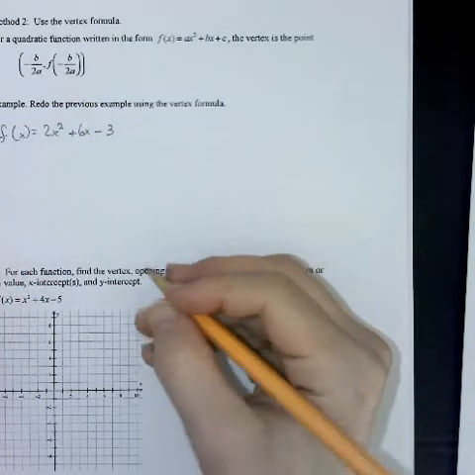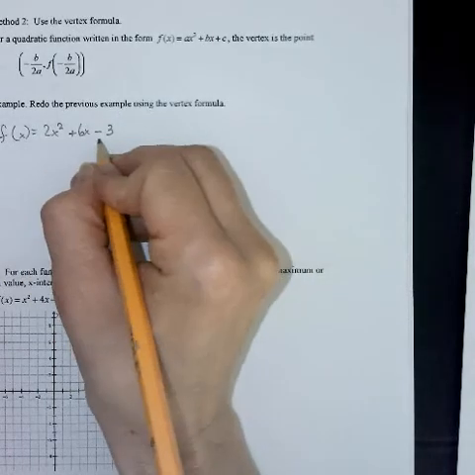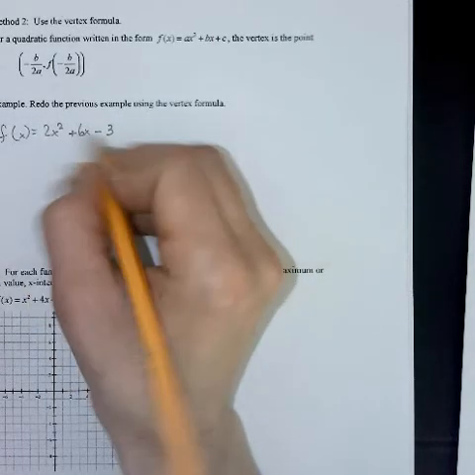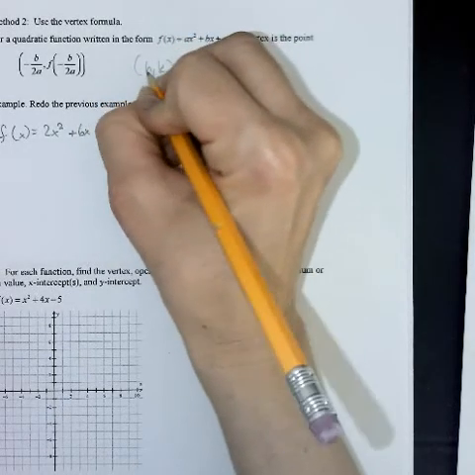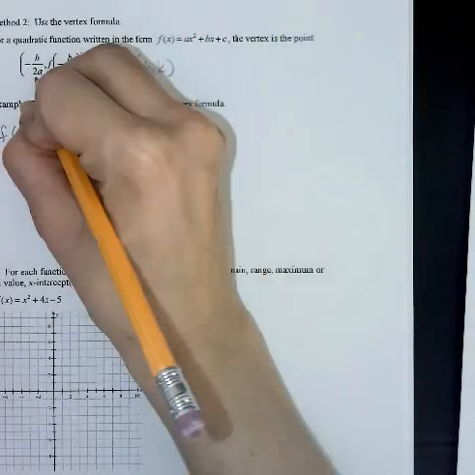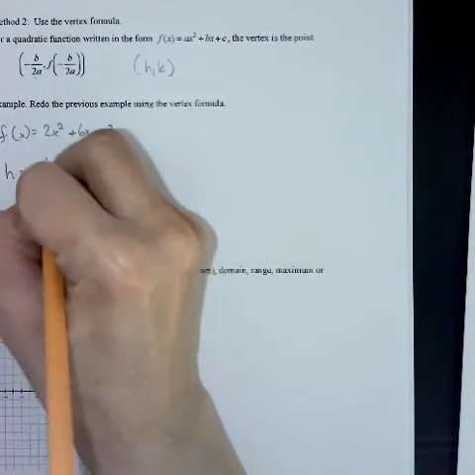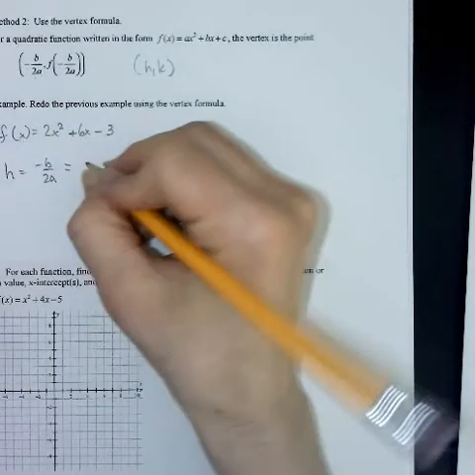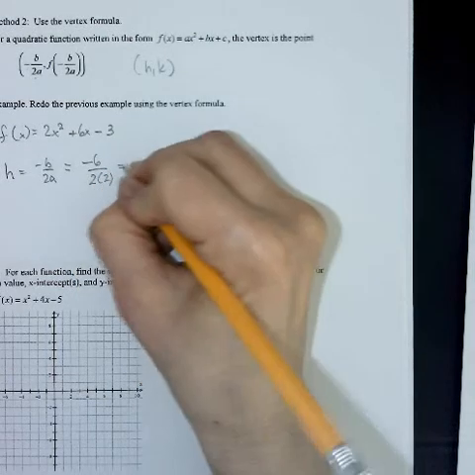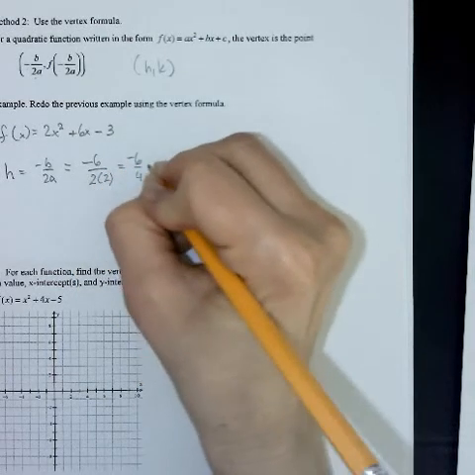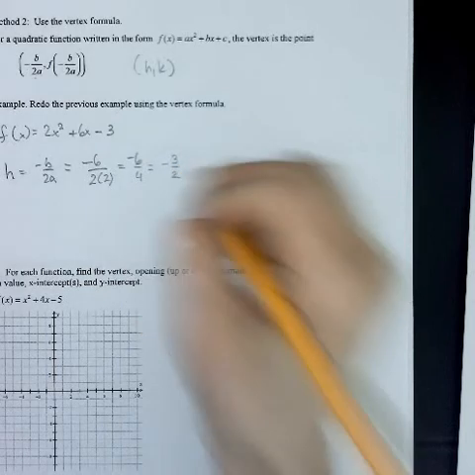And using the vertex formula, this was h, k, so h is negative b over 2a, which is negative 6 over 2 times 2, or negative 6/4, which is negative 3 halves. And so that's the x-coordinate of the vertex.